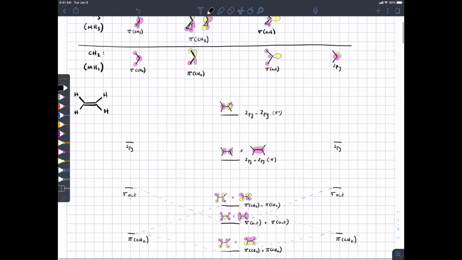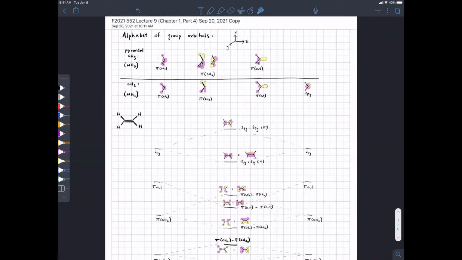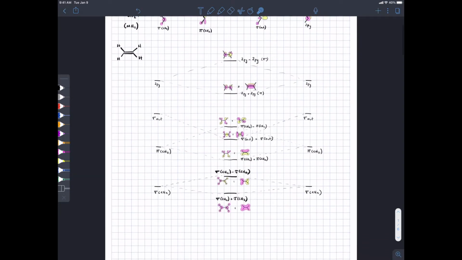Now that we've constructed those orbitals, there's a couple of things we left out. We haven't included the minus combination of the sigma out. We haven't included sigma out minus sigma out because it's high enough in energy that it's not filled and we don't need to worry about it.